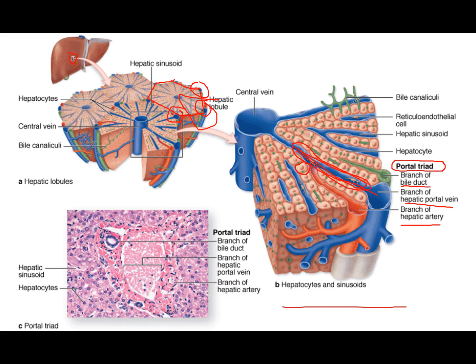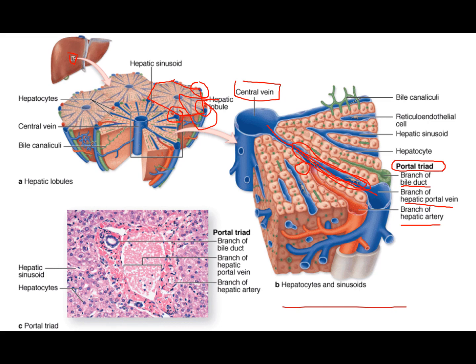And then once that happens in these little hepatocytes, so each of these little tan circles is a hepatocyte, a liver cell, all of that blood is now going to be venous blood, and it's going to dump into the central vein. The central vein lives at the center of all these hepatic lobules, all these hexagon-shaped structures.